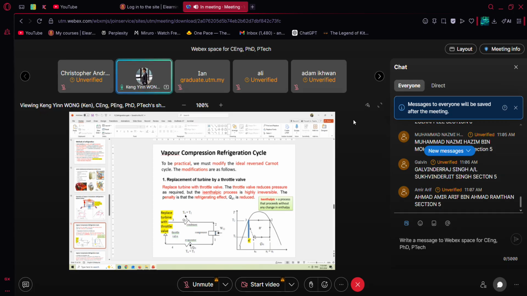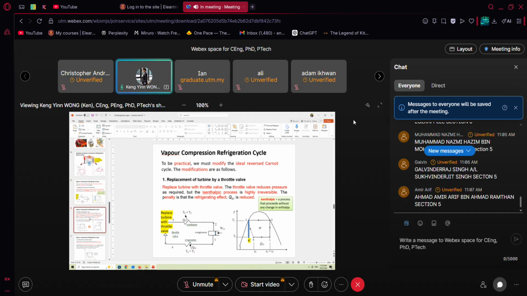That's why the refrigerating effect comes down. Clear? So next, we are going to proceed with the next page. That's why remember it is a curved line, a little bit curved and moving inward, not outward. The refrigerating effect is getting smaller. But is there any way to overcome this? Yes, there are two ways.